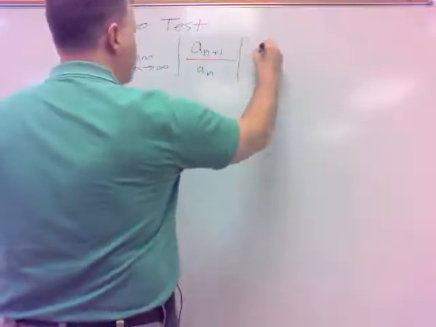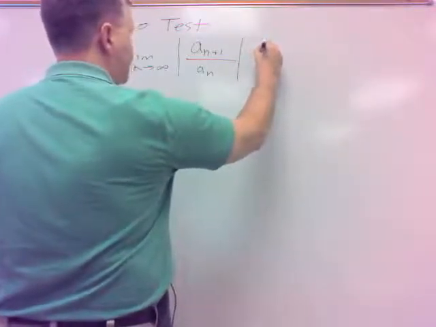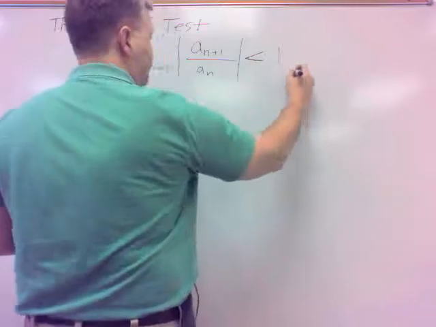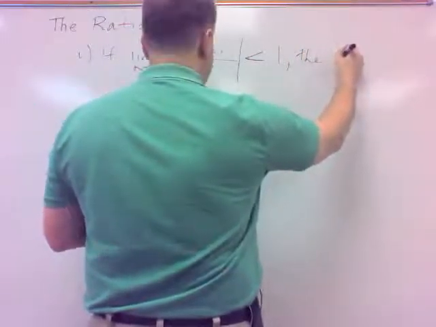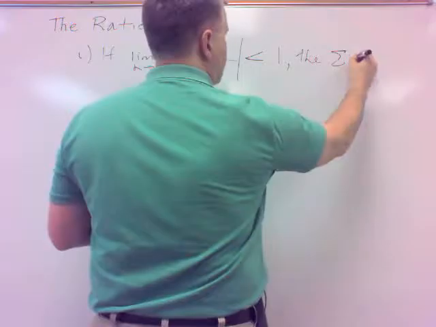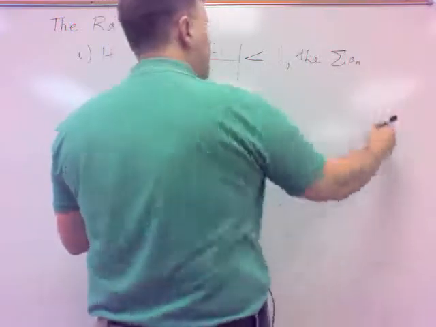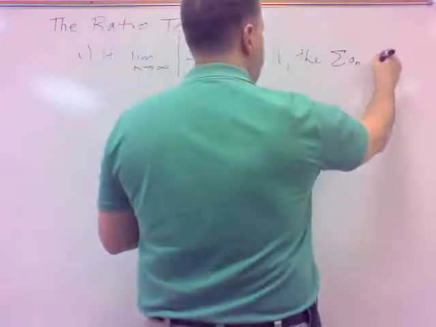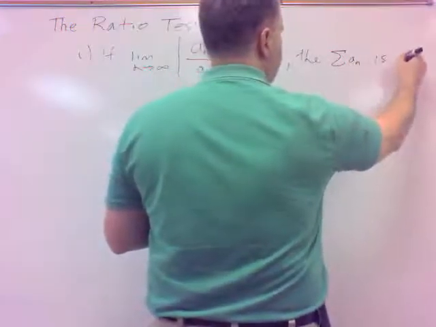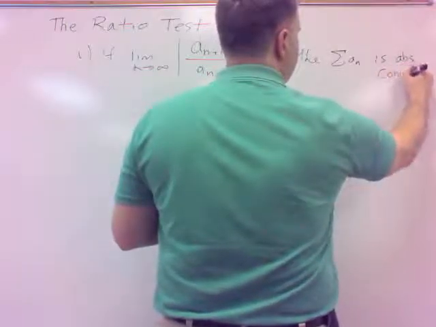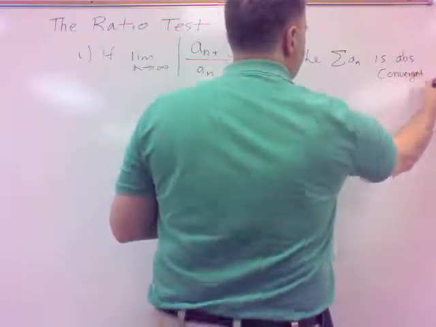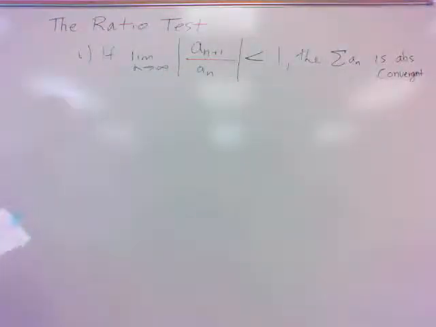If that limit is less than 1, then the series is absolutely convergent, because, yeah, we've got absolute values there.